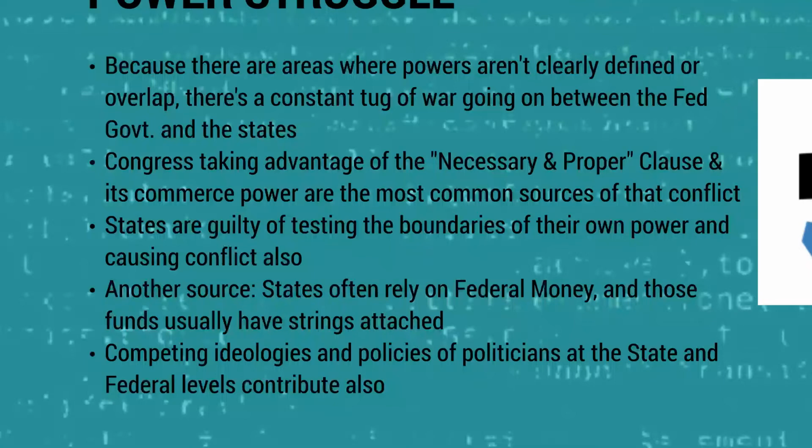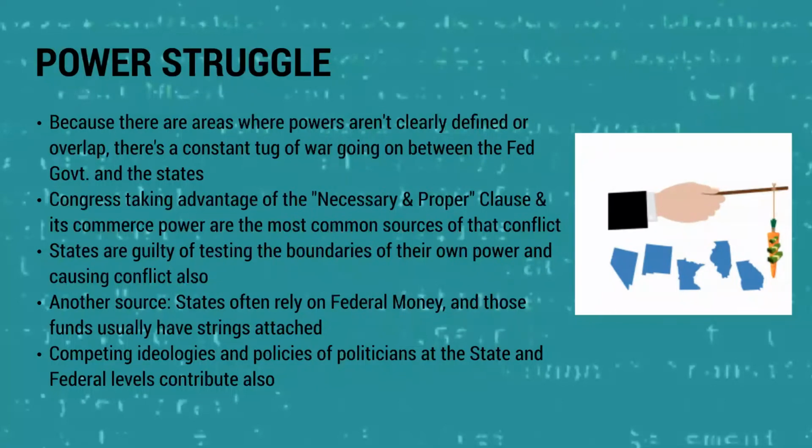And another source of conflict a lot of times is that the federal government does provide money to the states. We're going through a situation right now with the virus and everything else that's going on. The relationship between the states and the federal government is under a microscope right now, and you're seeing aid packages being passed.